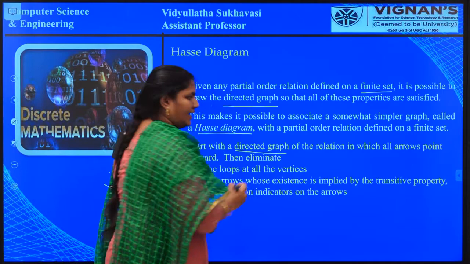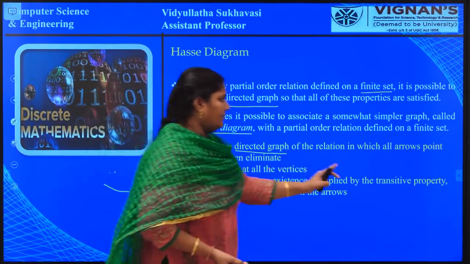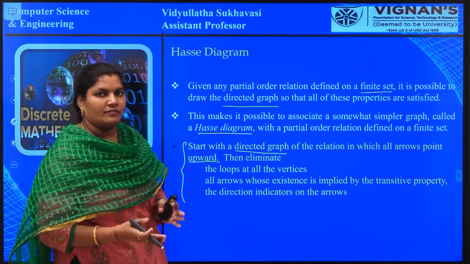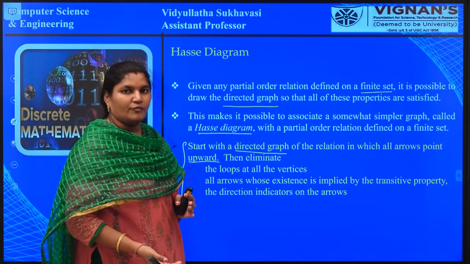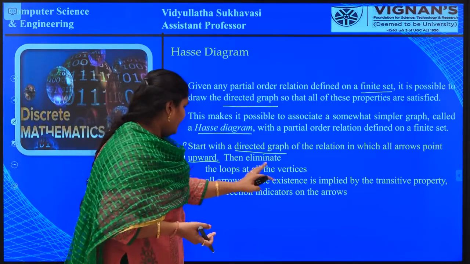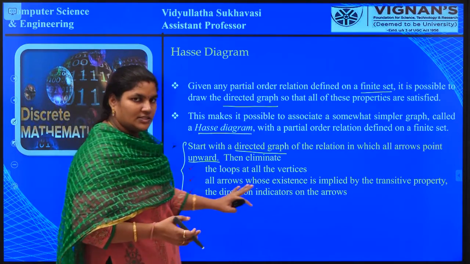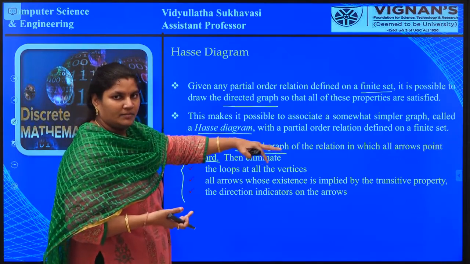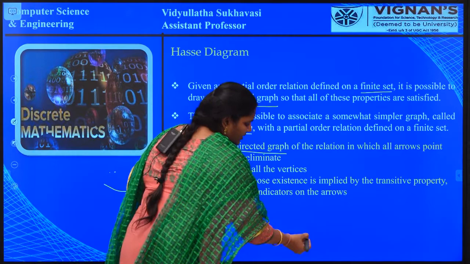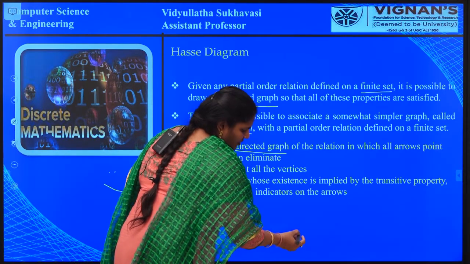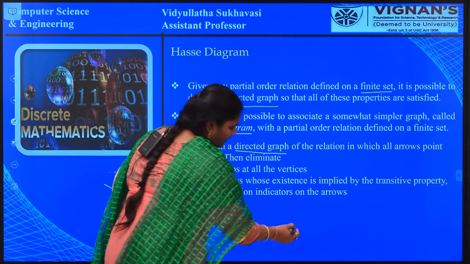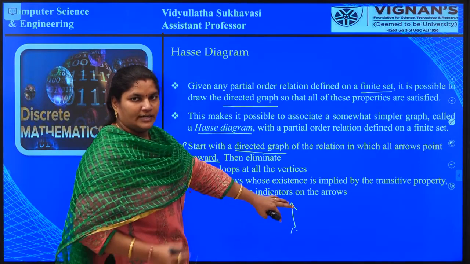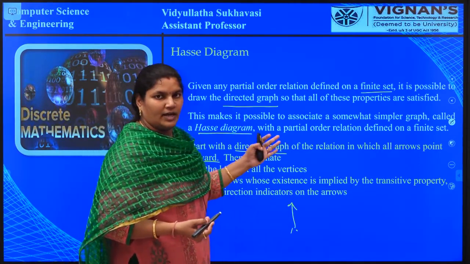These are the steps we are going to follow. First we need to start a directed graph for the given relation R in which all arrows point upward. That means the direction of the graph should be from downward to upward. Then eliminate the loops at all the vertices. First the first node will be present at the bottom, and then by showing the upward direction we specify the arrow, and then we draw the remaining elements in the graph.